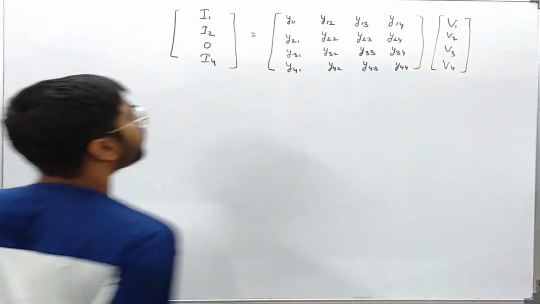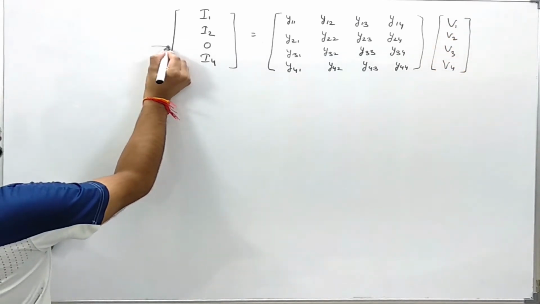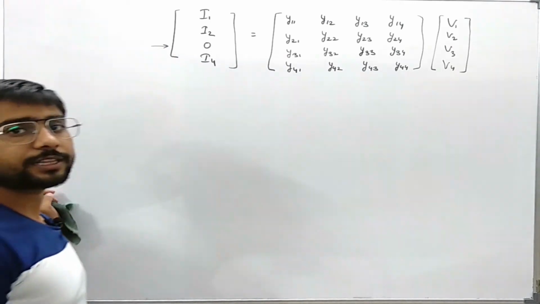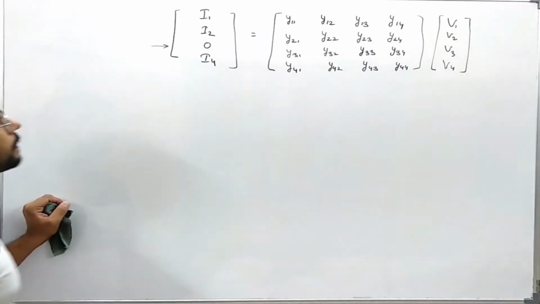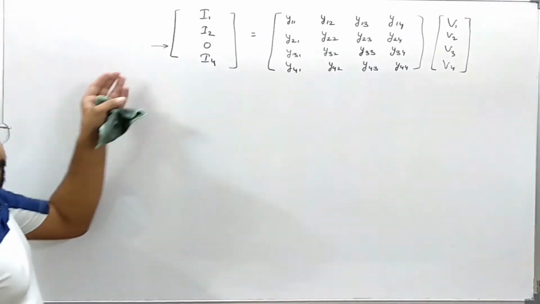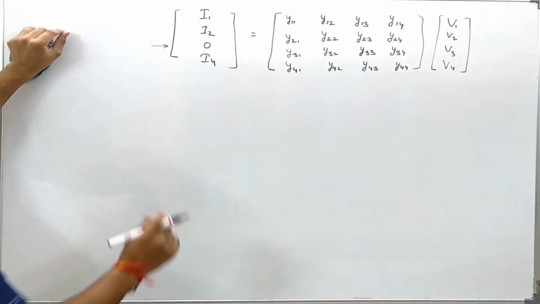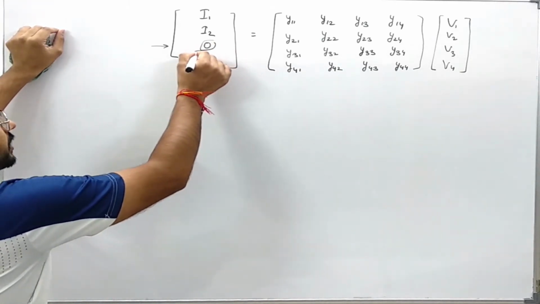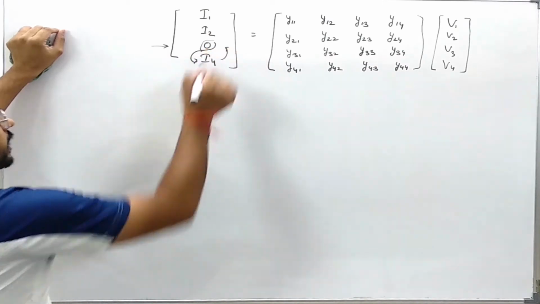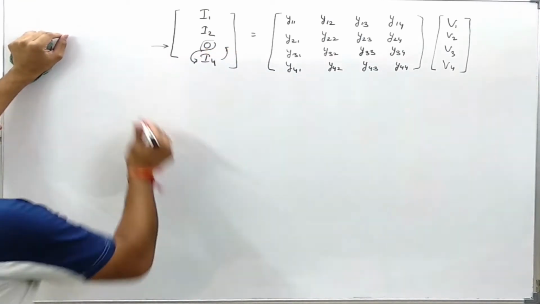Now let us say we want to eliminate this row using the formula which we derived in the previous slide. Now to proceed further, I will renumber such that this row comes here and this comes here. So how will I do it?